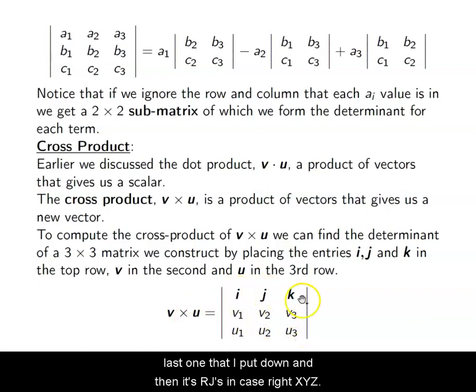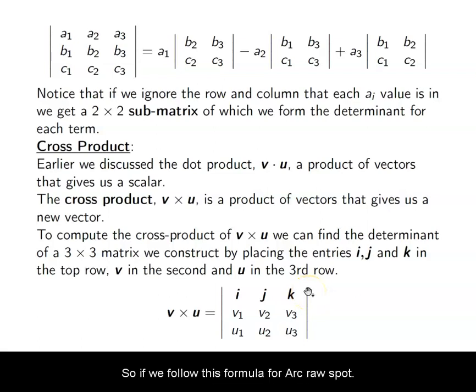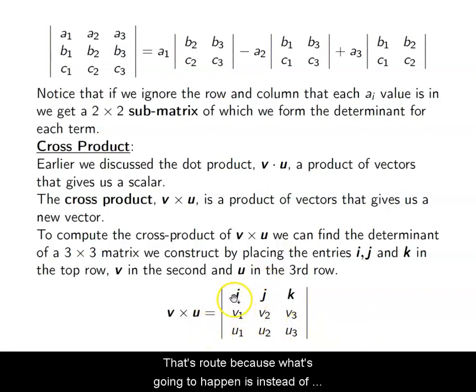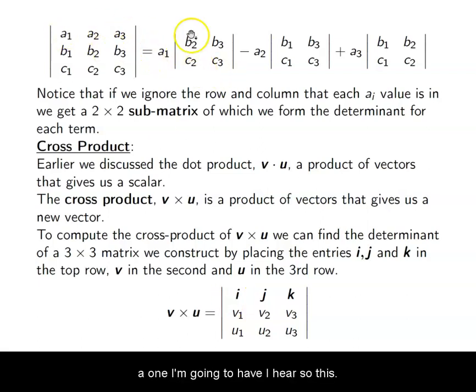And then it's i, j, and k, right? X, y, and z in that case. Okay. So if we follow this formula for our cross product, that's how we get a new vector out. Because what's going to happen is, instead of a1, I'm going to have i here. So this determinant will give me a value for my x direction.